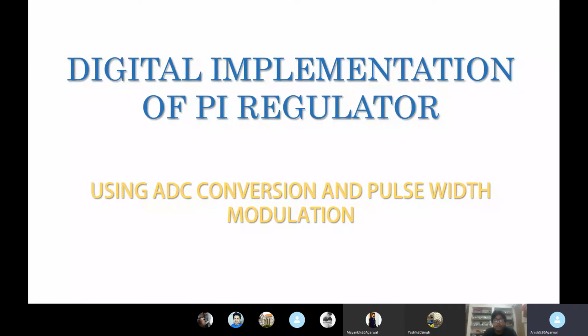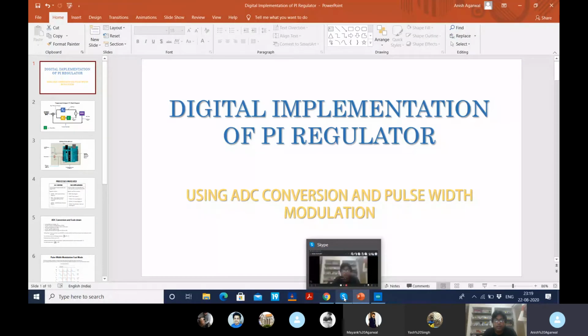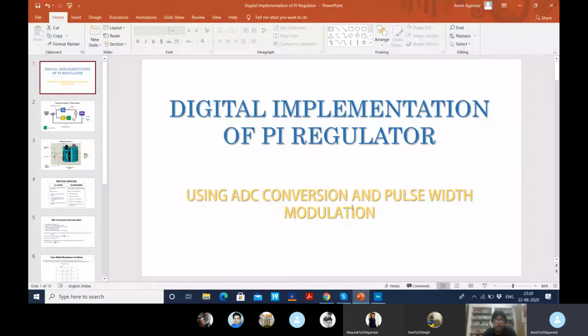From there the error will be generated, and as per the classical concept of the PI regulator, that error signal will be compensated and it will produce the excitation. Here the excitation will be in terms of duty cycle, the duty cycle of the PWM timer. Now I will request Anish to start.